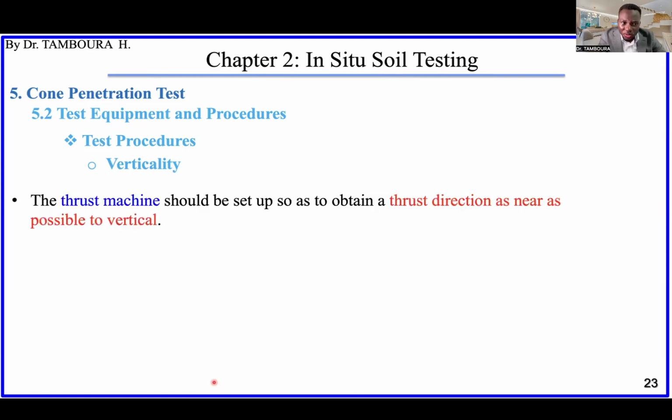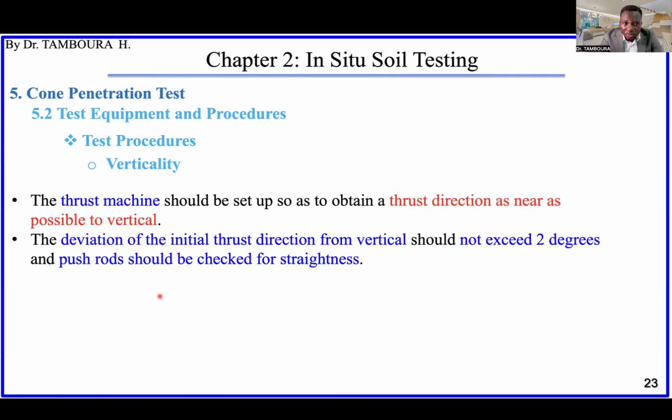When you are pushing, the pushing machine should be set up so that the pushing direction is vertical. The way you are pushing the cone should be vertical. So you should set the pushing equipment vertical, so that the pushing direction is the vertical direction.